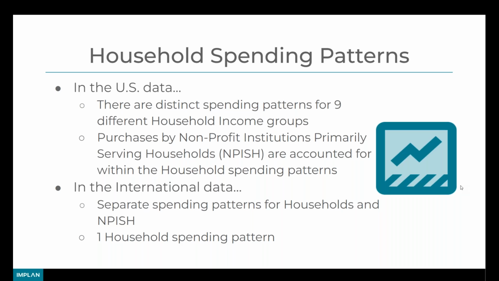In IMPLAN's core US products, personal consumption expenditures, or the goods and services purchased household by household, include purchases made by an institution known as nonprofit institutions primarily serving households, or NIPISH. NIPISH are organizations that provide services to households either at free or economically non-significant prices.